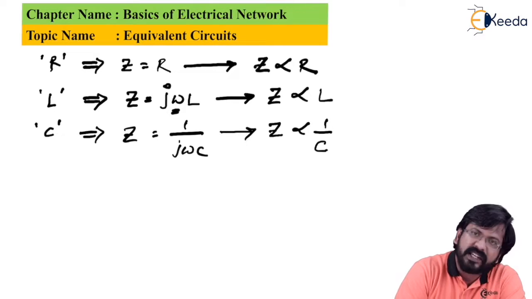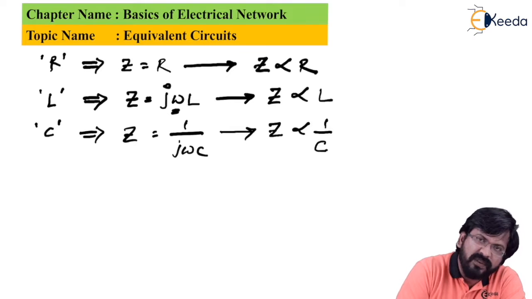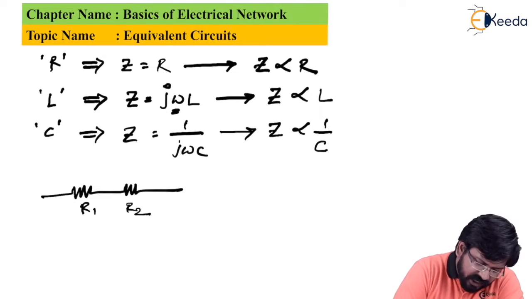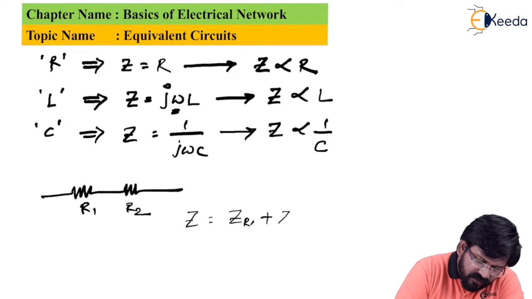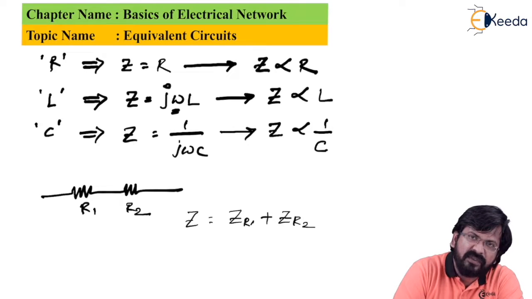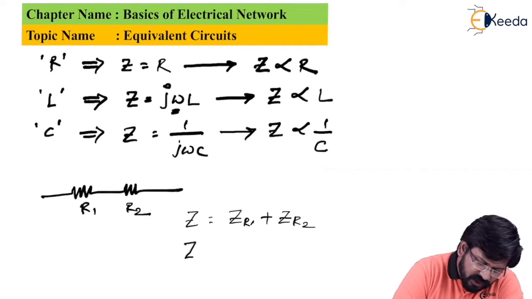For example, in the series circuits, let's say you have two elements and both the elements are resistors, that is R1 and R2. Then we know that equivalent Z will be Z of R1 plus Z of R2, and we know very well Z for R1 will be R1 itself and Z for R2 will be R2 itself. So in that case, Z equivalent is simply R1 plus R2.